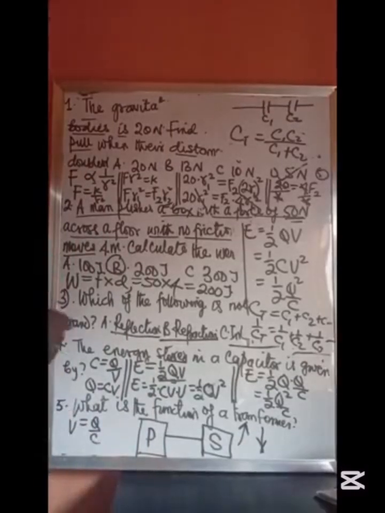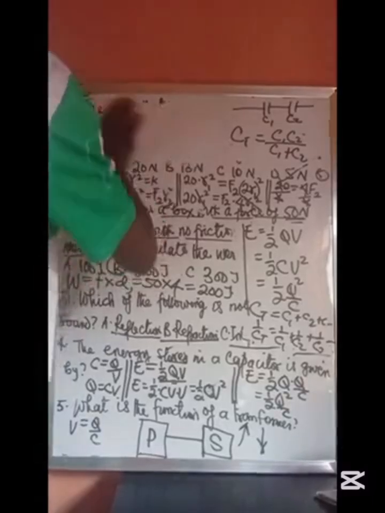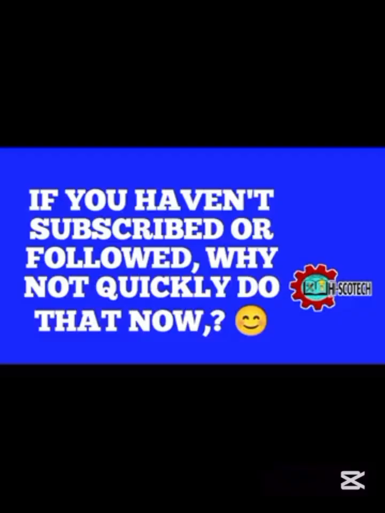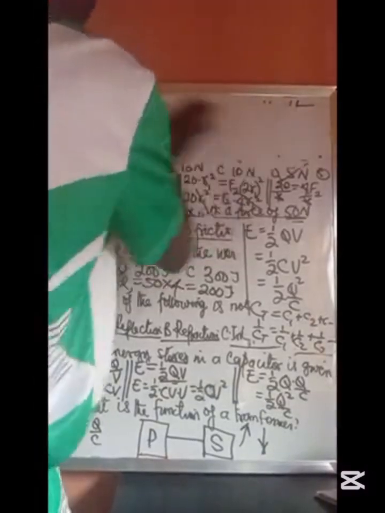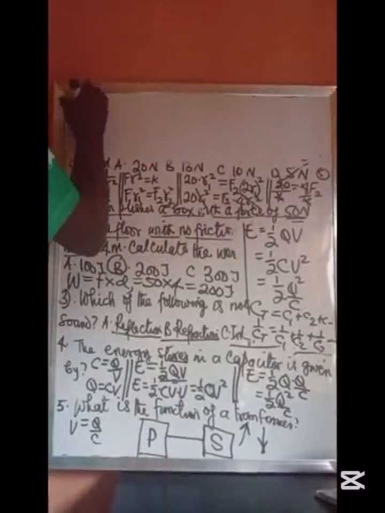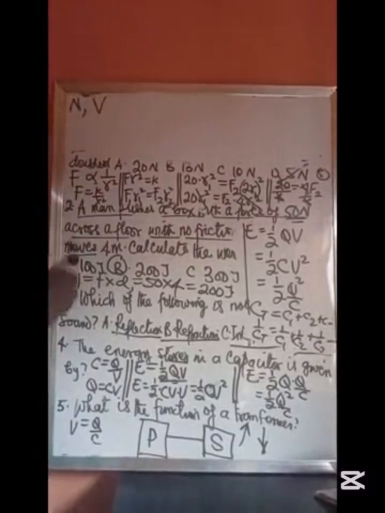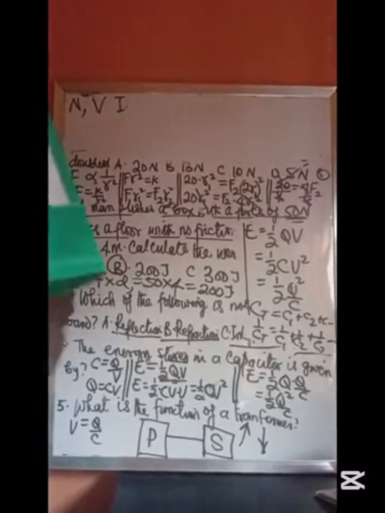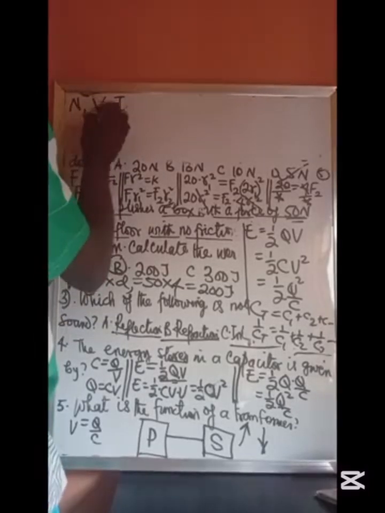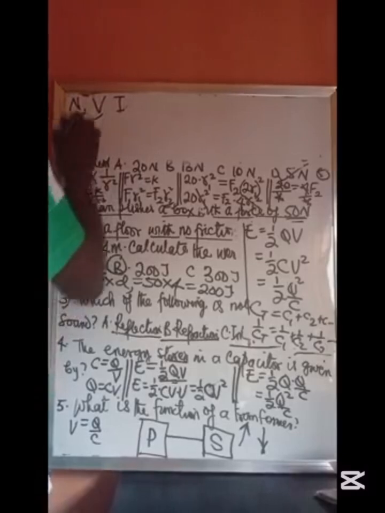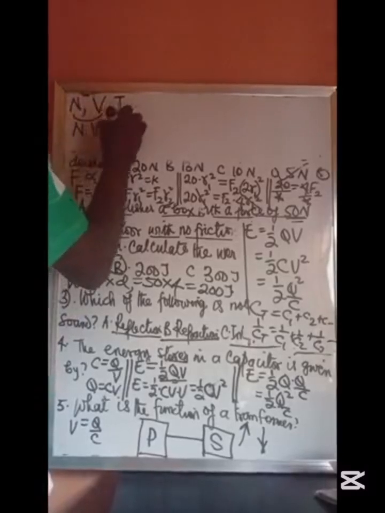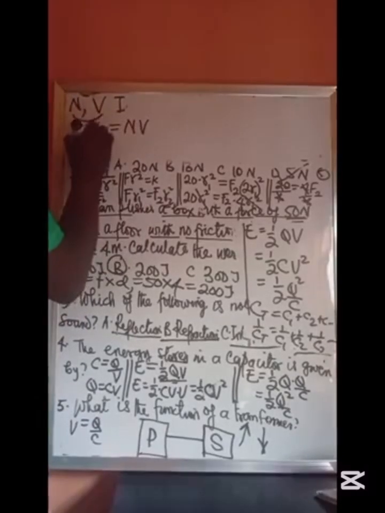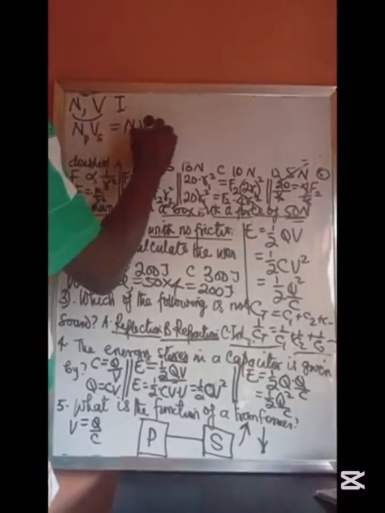And to do that, we have some formulas we can always use to solve for transformers. So just as a quick reminder, let's have a review of these formulas. If we have number of turns N, we have voltage V, and we have current I. Now, the quick review is that if we are solving for N and V, know that N, V, N, V: primary, secondary, secondary, primary.